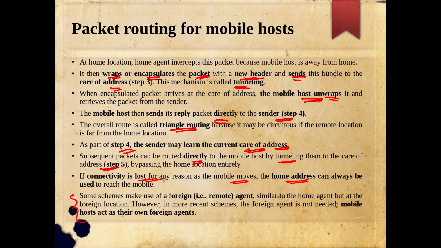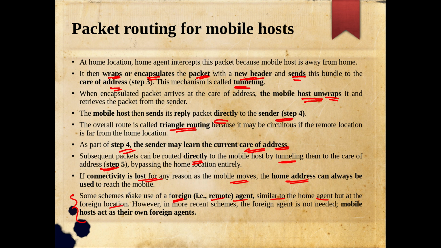What is explained in some textbooks is written with a foreign agent, or remote agent. Just like the home agent, whenever the device is moving to a new location, we can assign a foreign agent for taking care of its activities there. The foreign agent is similar to the home agent, but at the foreign location.